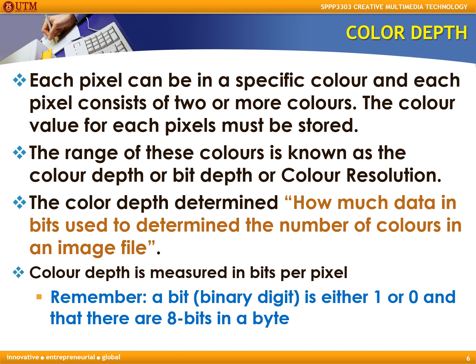So the color depth is measured in bits per pixel. Always remember, a bit, which is a binary digit, is either 1 or 0, and there are 8 bits in a byte. We will get to know more about these details as we go further in these slides.